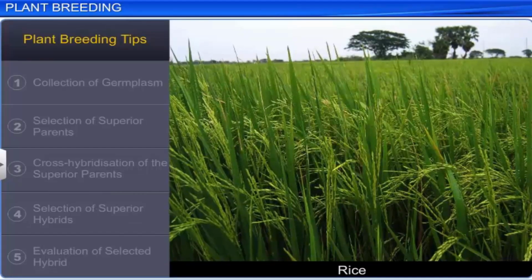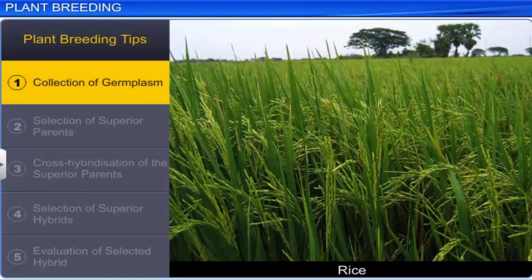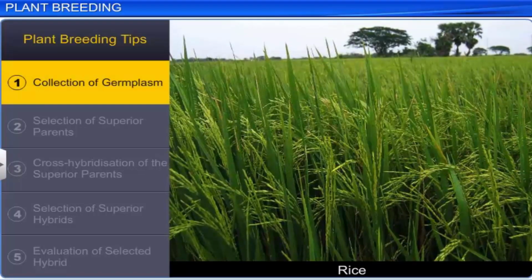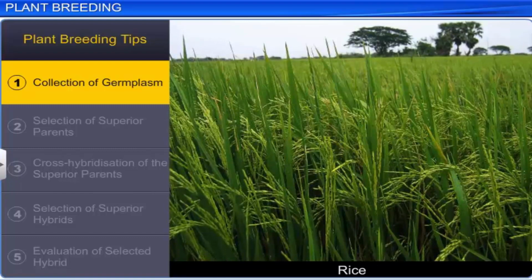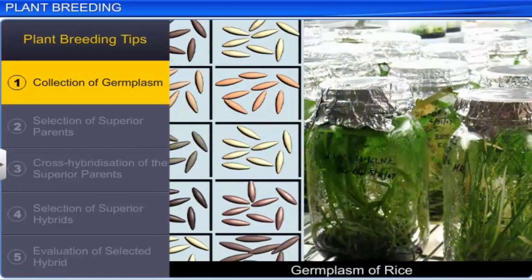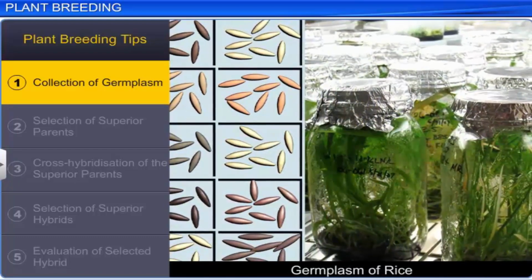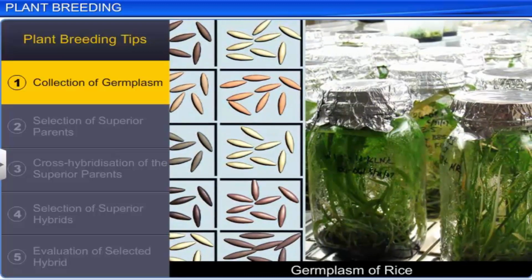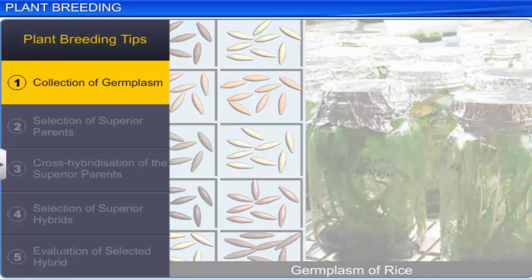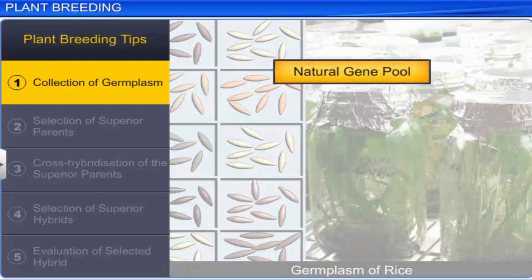The first step in plant breeding is the collection of germplasm of a particular crop that is intended for breeding. Germplasm is the collection of all the genes of different varieties of a particular crop in the form of seeds or plants. In this way, the naturally available gene pool can be utilized for breeding.